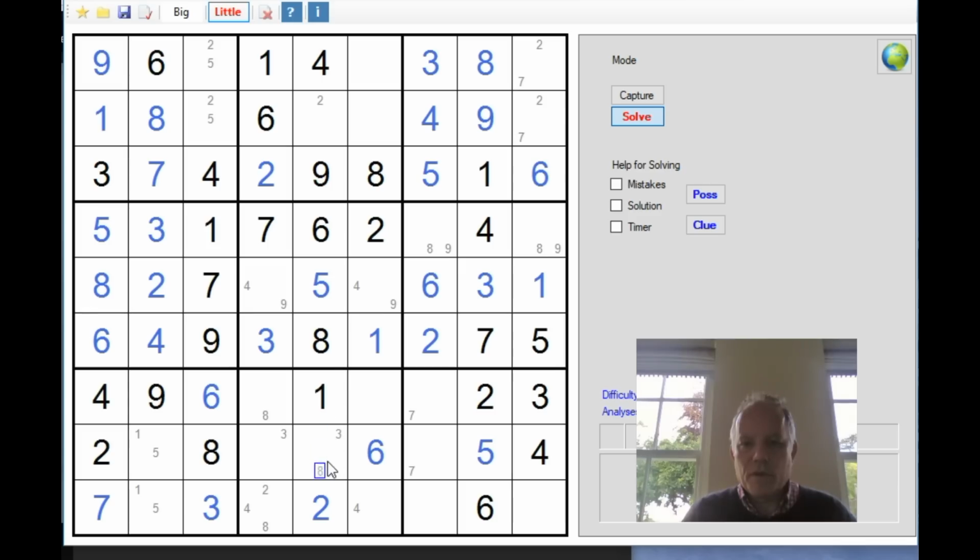Got 7 or 3 in column 5, but still don't know which way around. 7, 3, 2, 6, 5, 4. Oh yes, this 5-1 pair has been resolved by this 5 that we placed over here. So that gets us going there.